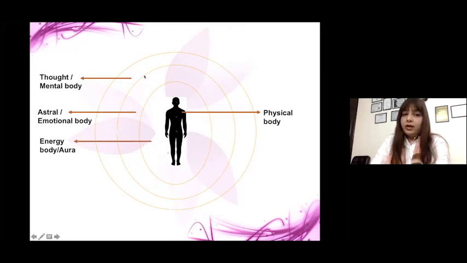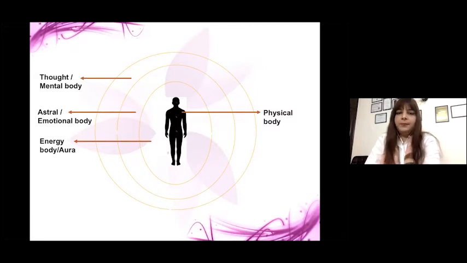Now, when your thoughts in the mental body are negative, these thoughts will travel to your emotional body. What is going to happen? Your emotions will become negative, right? So you will not feel good, you will cry, or at least you may want to cry, and you will become sad. So your emotions will get disturbed.